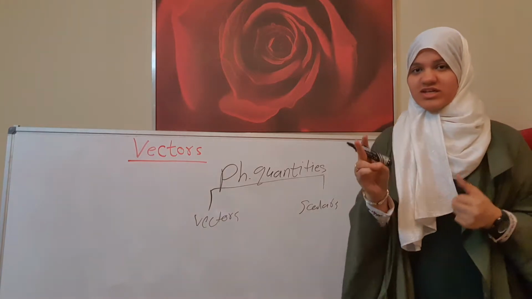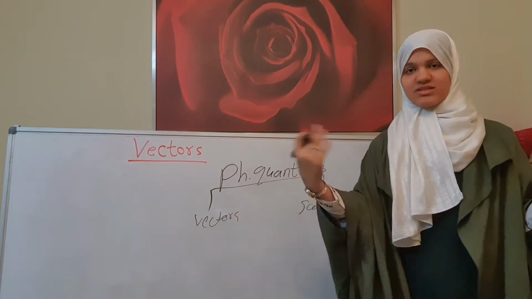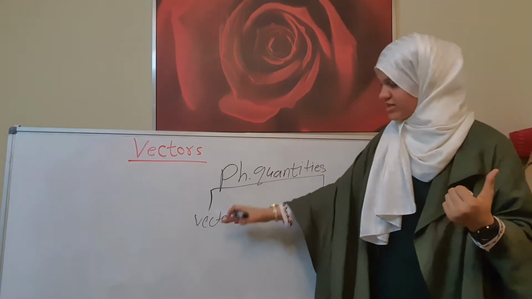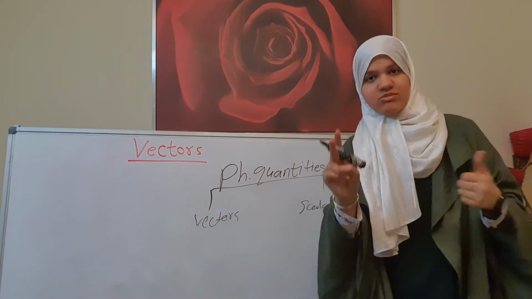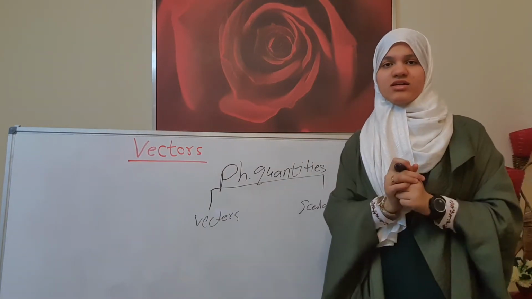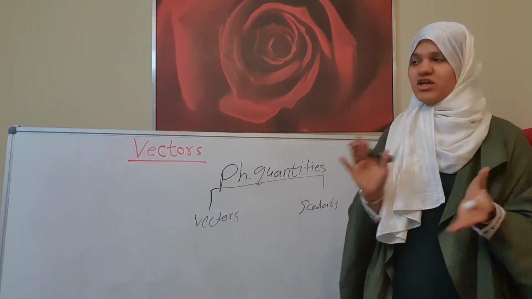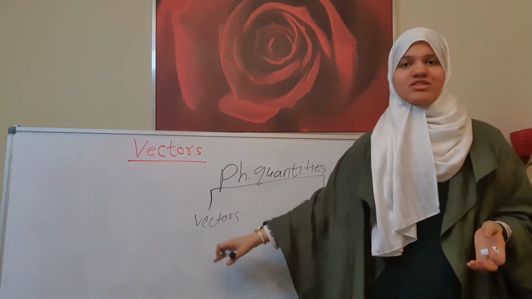Actually, length has two things: distance and displacement. Displacement is a vector, and distance is a scalar quantity. The vector examples have both magnitude and direction, but a scalar has only magnitude without direction. Now we know the difference between vectors and scalars and some examples of them.